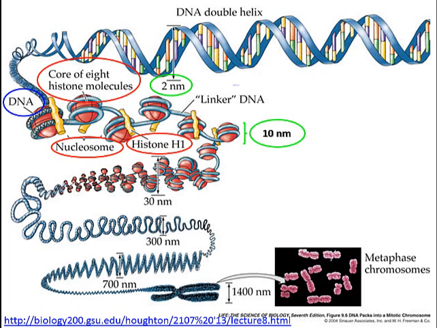And linker DNA connect these nucleosomes to each other. After that, nucleosomes collect and make 30 nanometer fiber, then scaffolding protein, and finally, as I said, there are something more which is not our concern.